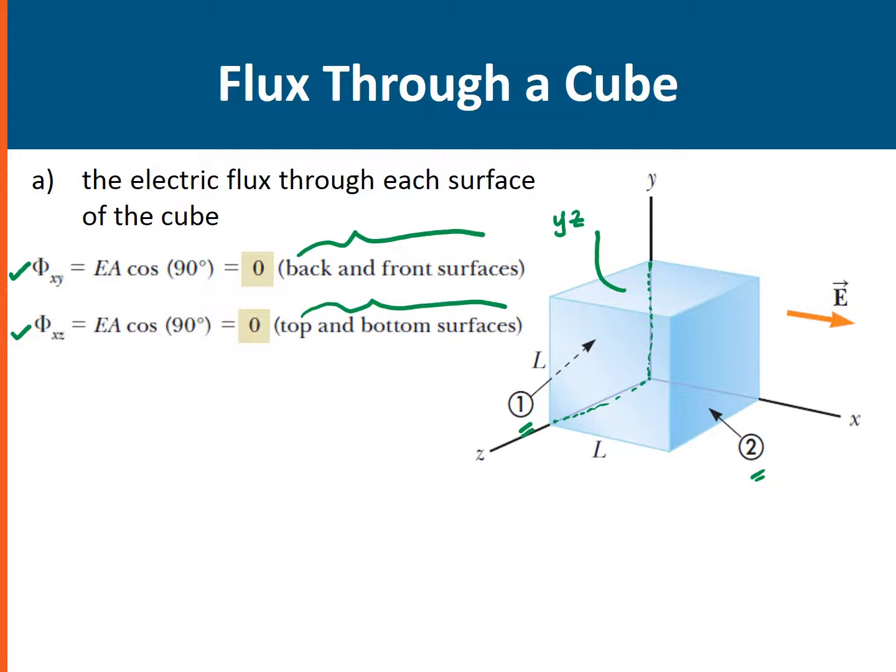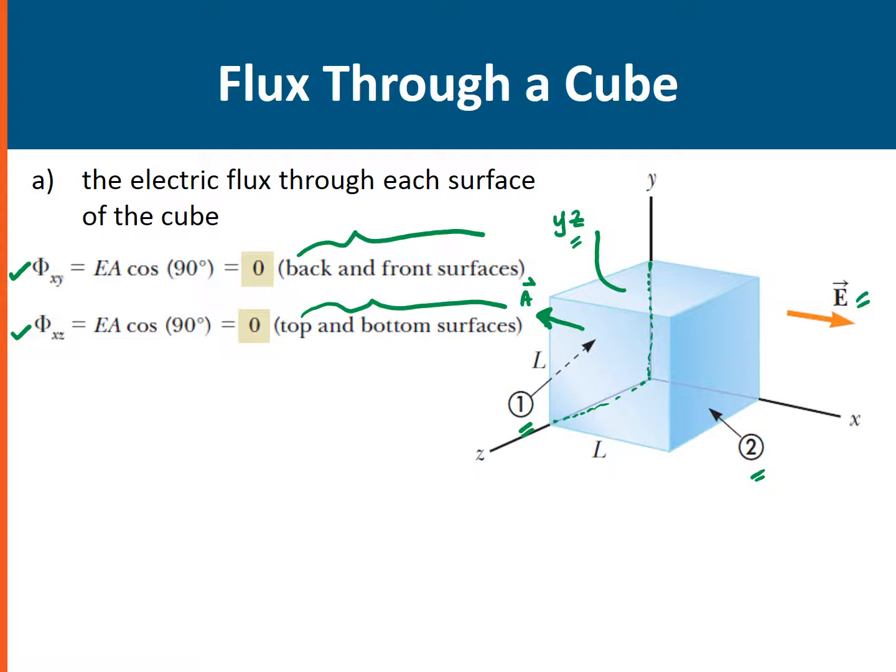In the yz surface, the area vector is parallel to the electric field. If we draw the area vector for the yz surface, it's going to look like this, and that is parallel to the electric field.